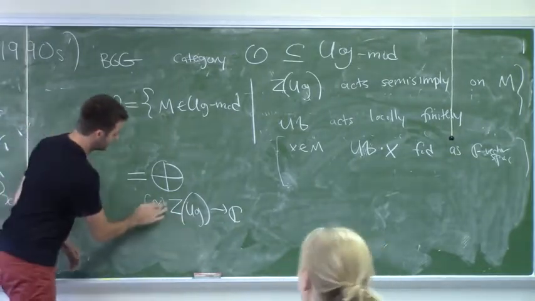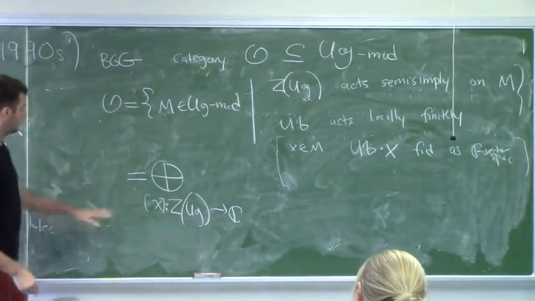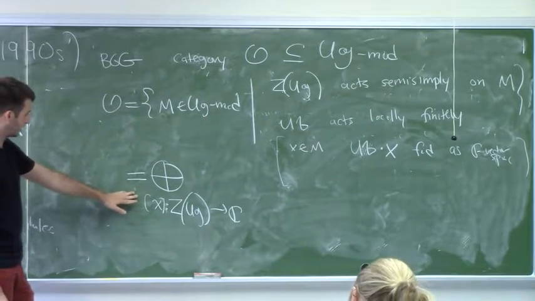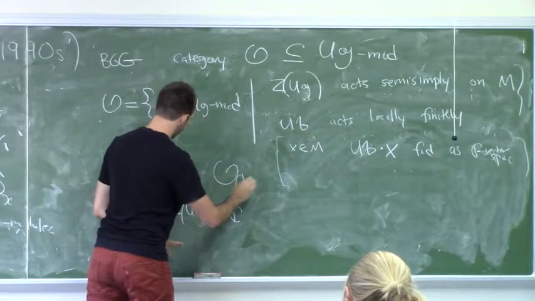The fact that we're using chi again isn't accidental. So this thing is going to break up into a bunch of pieces, one for each central character.